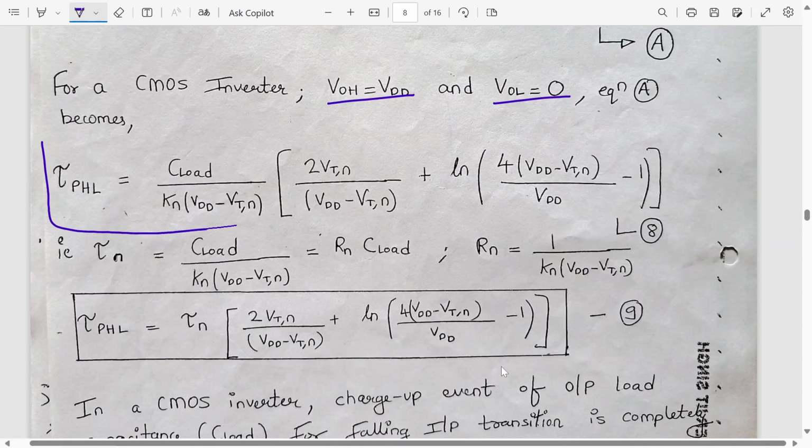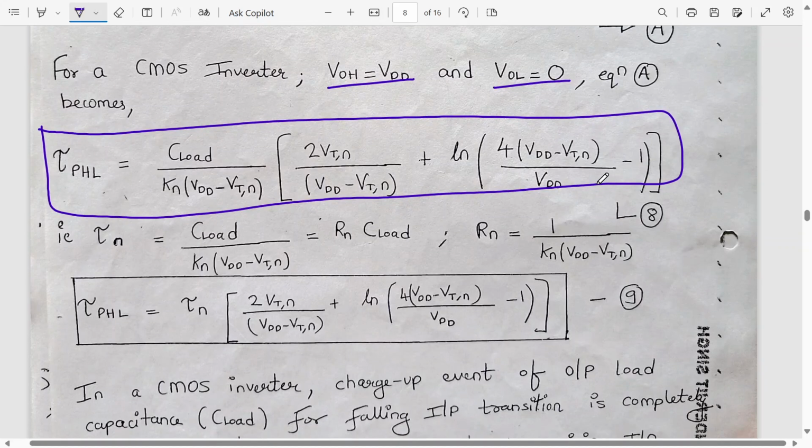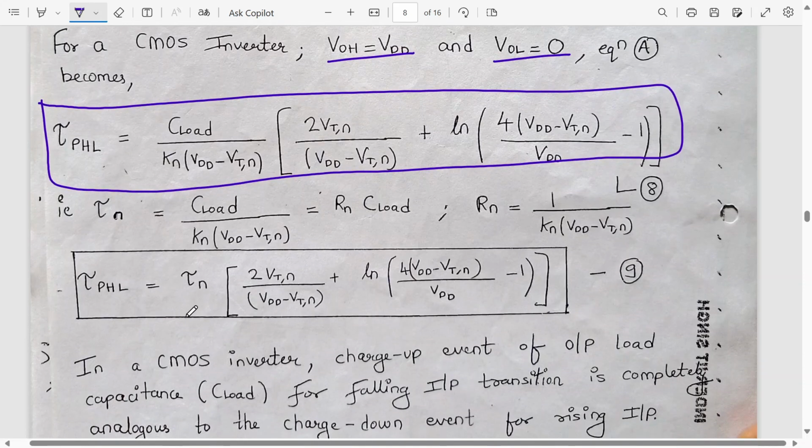So this is what we arrive at. Equation number 8. C load upon Kn VDD minus VTN, this formula. Alright. And if we substitute this tau n as Rn into C load, so let's say Rn is 1 upon Kn VDD minus VTN, so we can simplify this formula as follows.